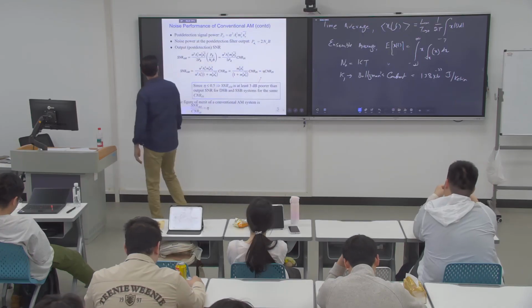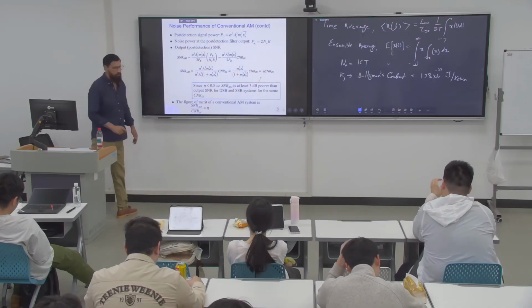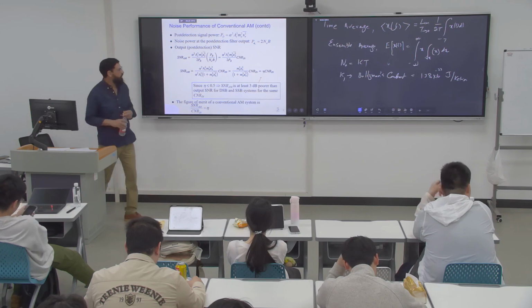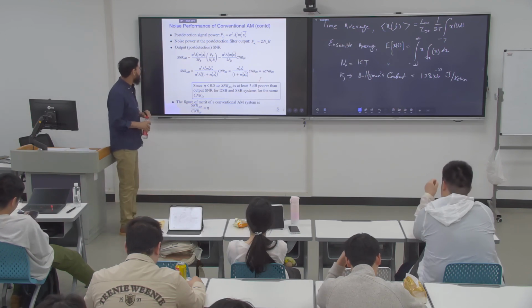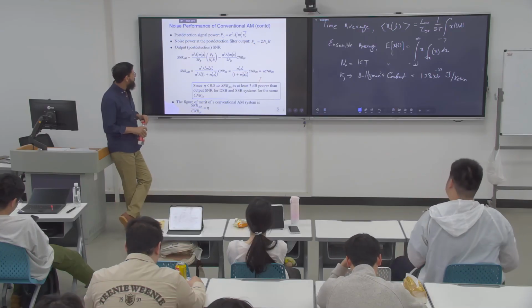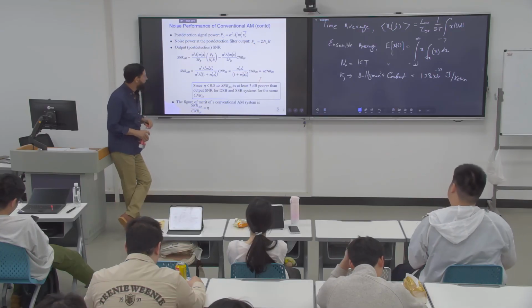Now, the post-reduction signal power is given by this. What is the noise power? The noise power is 2 times NOB. So just find out the SNRM of that, by doing the mathematics.